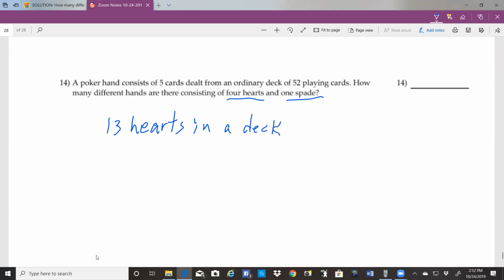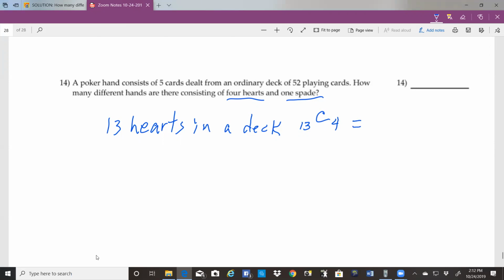The number of combinations of getting 4 hearts out of 13 hearts is a combination of 13 taken 4 at a time.